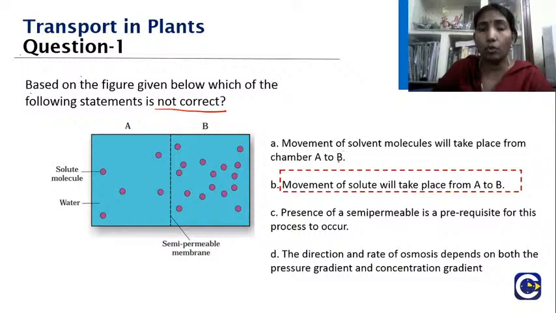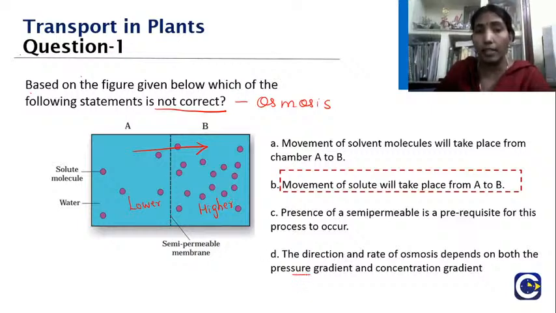Now students, we are talking here about osmosis, which is the movement of only the water molecule from a region of lower solute concentration to a region of higher solute concentration. The semi-permeable membrane is mandatory and it depends on various gradients also. So which is not correct? The movement of solute, which will not take place from A to B.